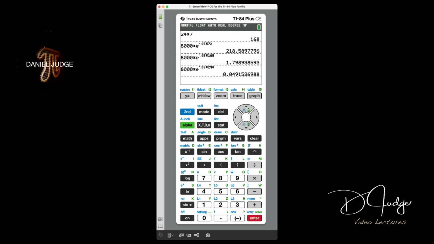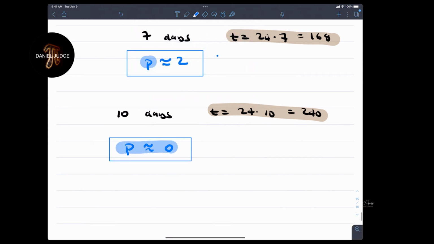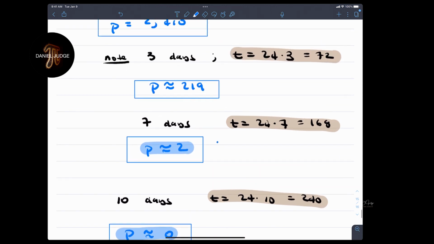And ladies and gentlemen, your population is approximately 0. So that means the population is approximately gone after 10 days of antibiotics here. So maybe they do want to say, hey, go all the way to the 10 days and don't stop.